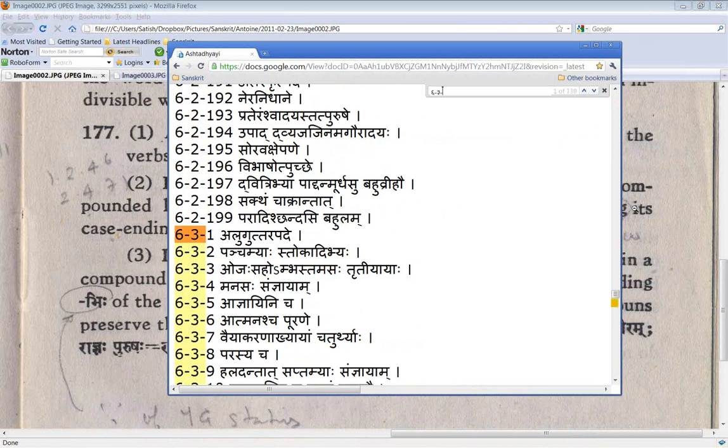I think we already talked about 6.3 before. Please make a note of 6.3. That's a very important section for us when we study compounds. And it says Uttarapade, aluk Uttarapade. Uttarapadam means there is a compound. So when Uttarapadam follows, what is the karyam to be done for the Purapadam? And there this section of aluk starts.